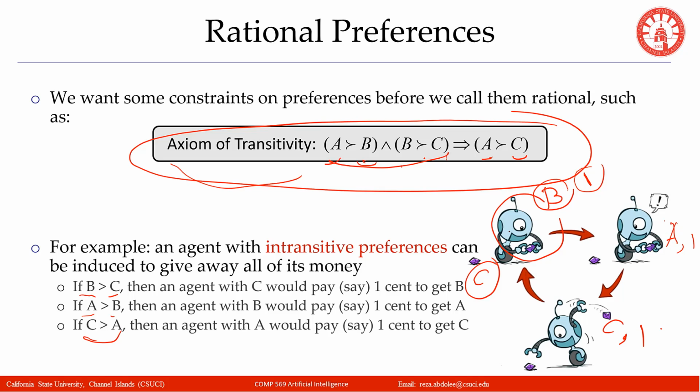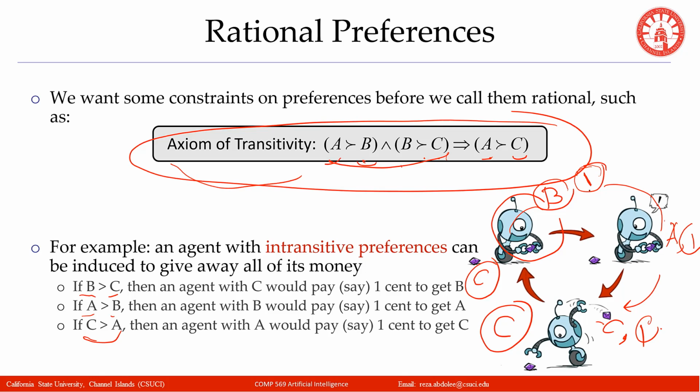And it said change it with B, pay 1 cent. Exchange it with A, pay 1 cent. And exchange it with C and pay 1 cent. So as you can see, at the end, the agent ends up with prize C, but it also pays 3 cents. So basically it loses 3 cents, ending up with its own first prize.